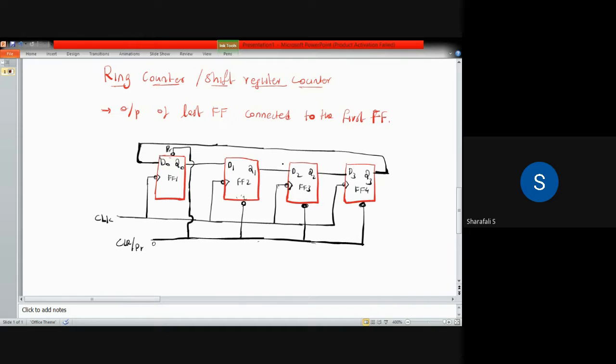Remember that preset will set the value equal to 1, and the clear option will give value 0, or it will clear the memories of those flip-flops. When this one is 0, here it will become 1, which means that clear will be active. Similarly, here also preset will be active when this is 0.